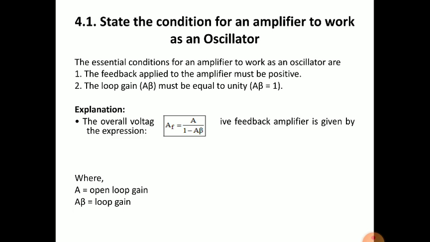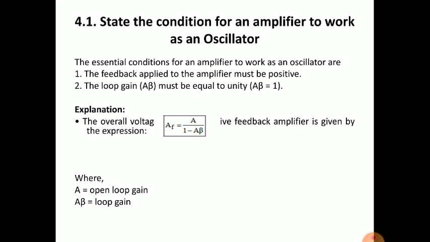The overall gain of the positive feedback amplifier is given by the expression AF is equal to A by 1 minus A beta. You must remember this formula from those lectures.